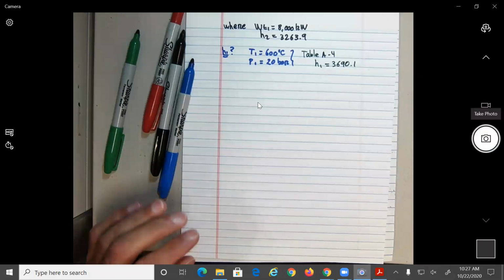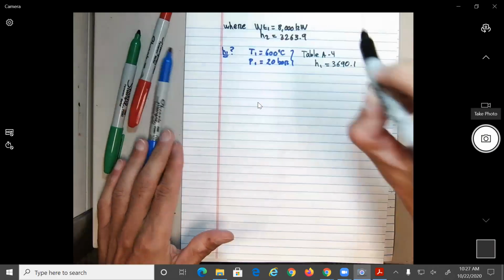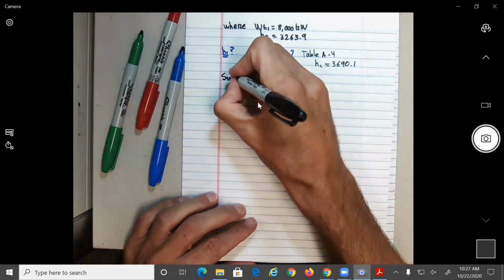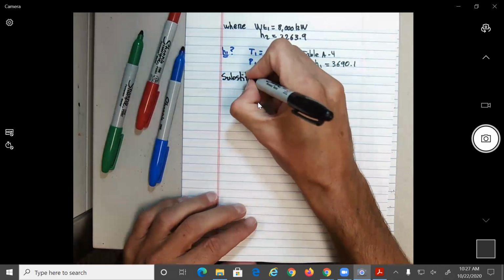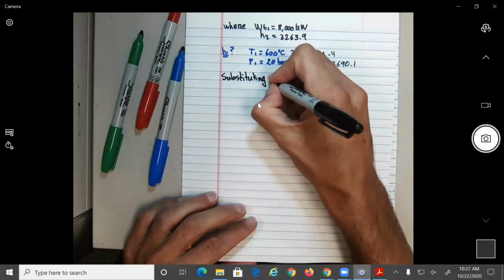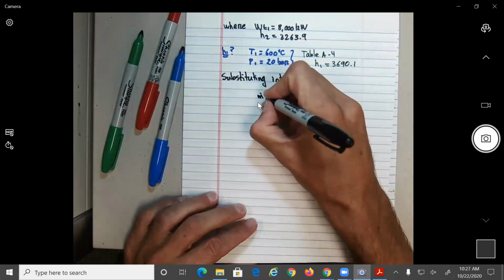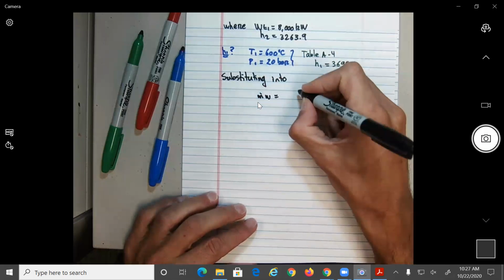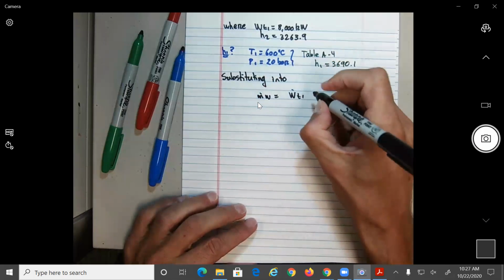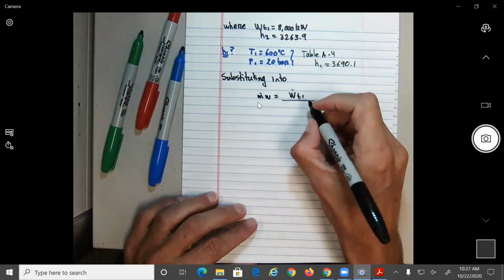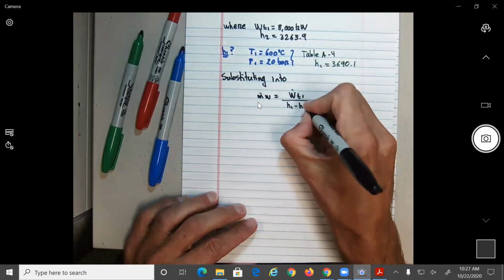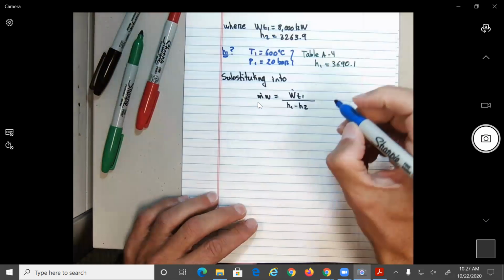Okay, so basically now we have everything. So substituting into the expression of mass flow of water equal to power turbine 1 divided by H1 minus H2, what do we get?